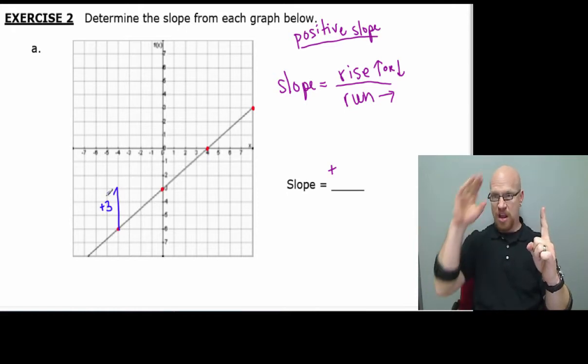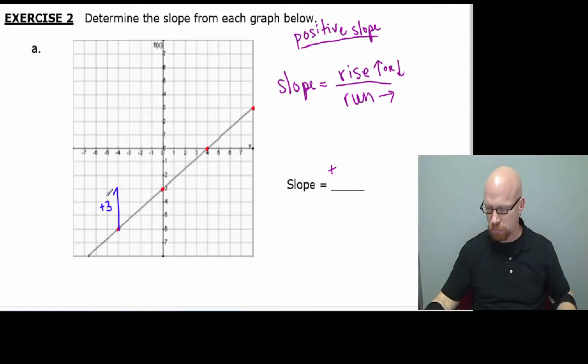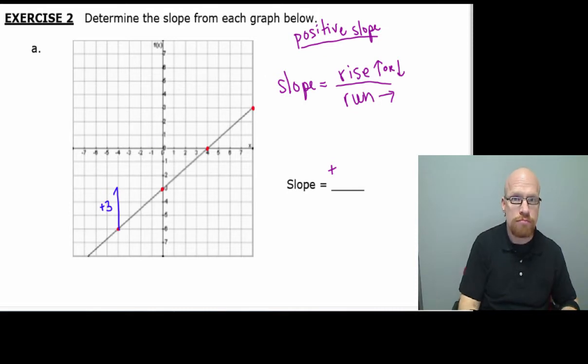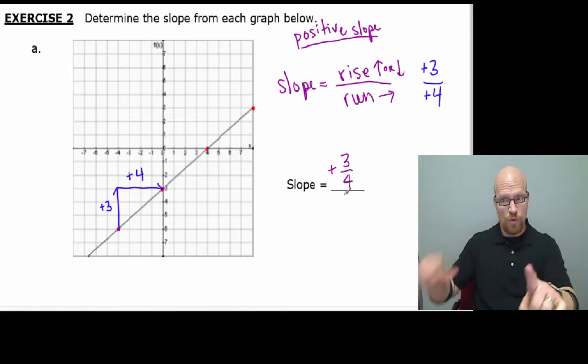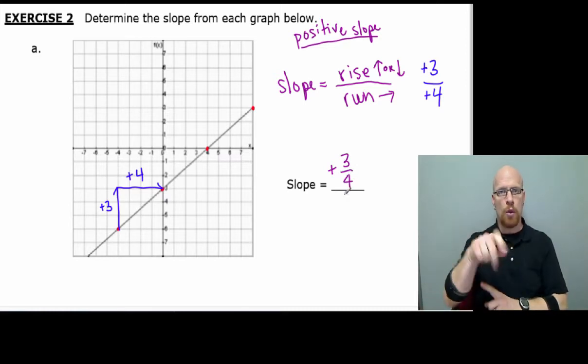All I have to do is go right in a straight line. So that's our slope, positive 3 over 4, 3/4.